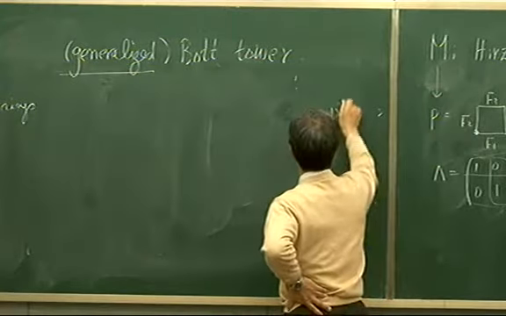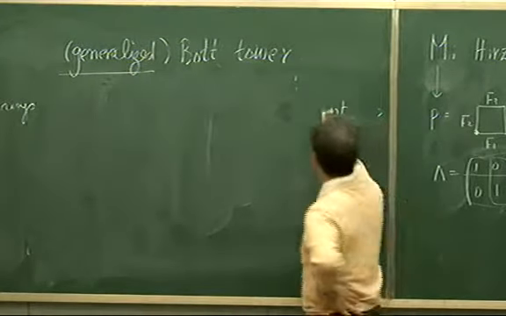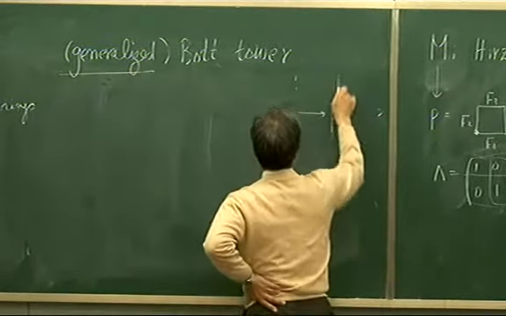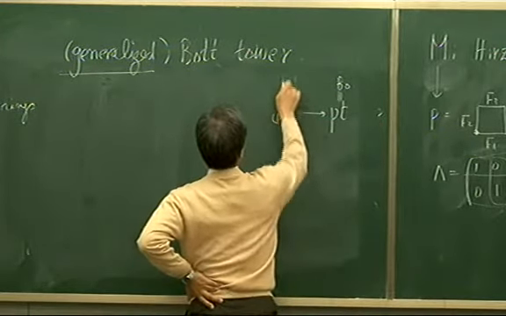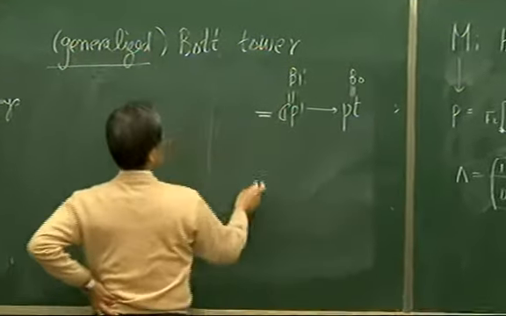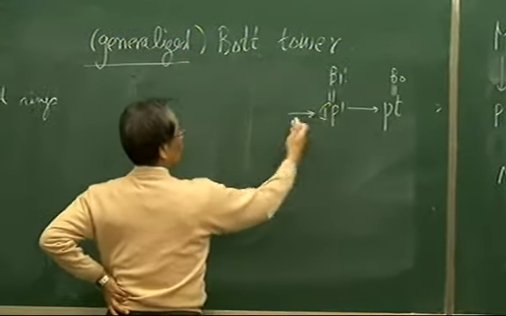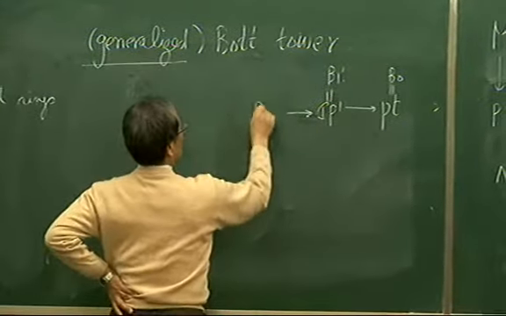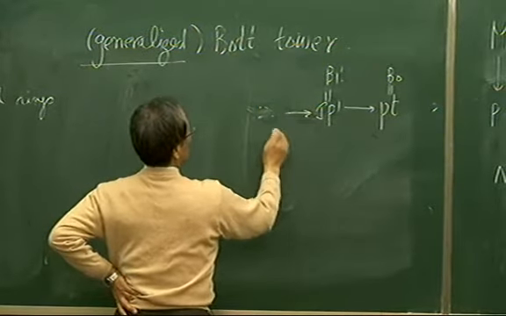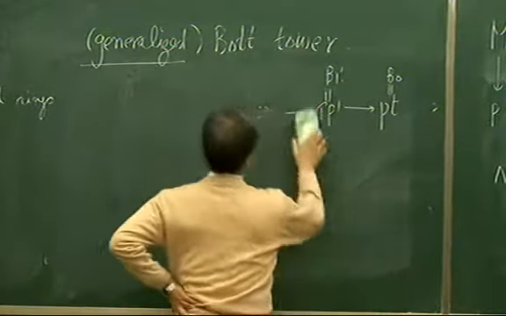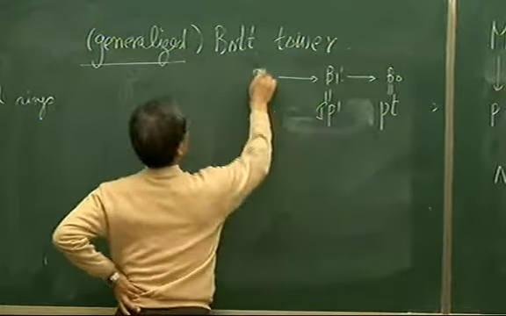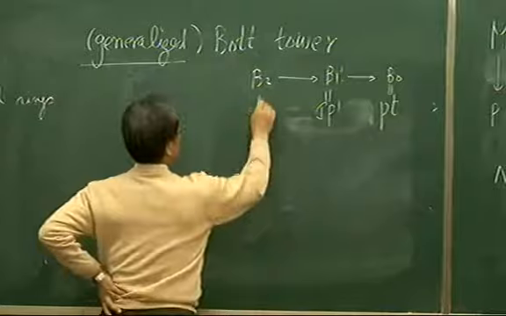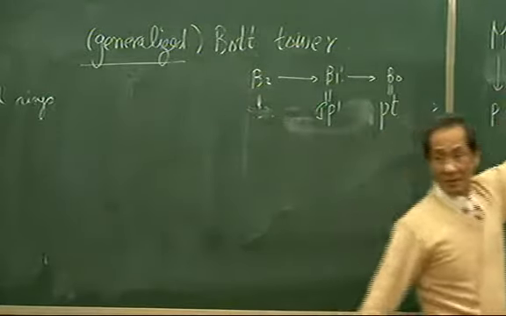So you start with a point, okay? So this is B0. And this CP1 is B1. And then it's all fibrations. And you see B2 is constructed like a Hirzebruch surface.